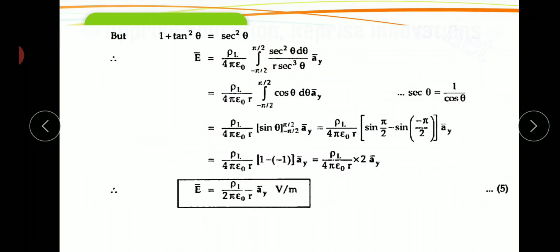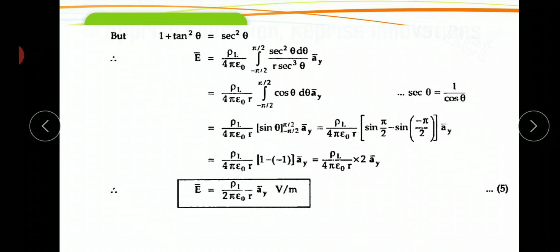Now by replacing 1 plus tan square theta with secant square theta, since 1 plus tan square theta whole power 3 by 2 is there in the above equation, we have to apply the whole power 3 by 2 here also. That means secant square theta whole power 3 by 2 is equal to secant cube theta.